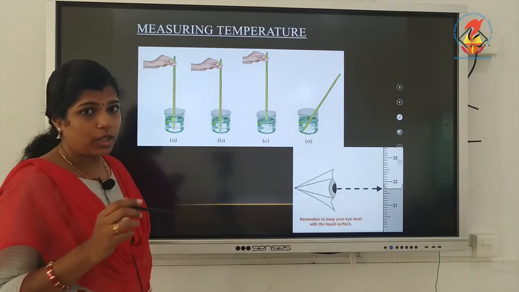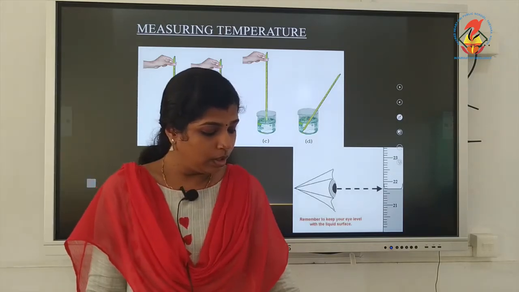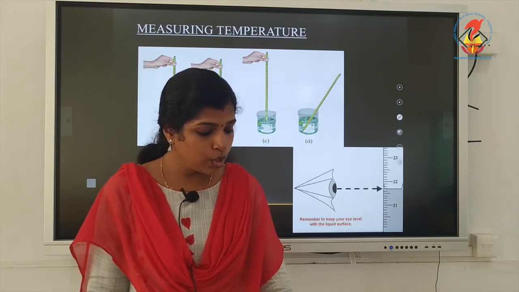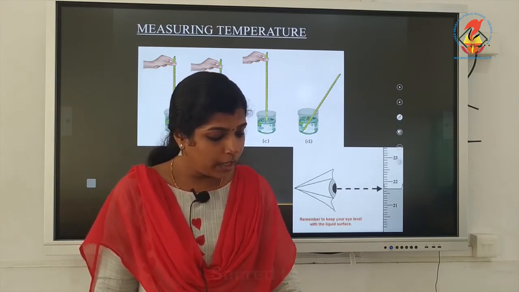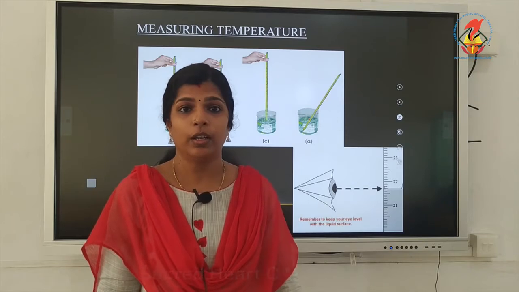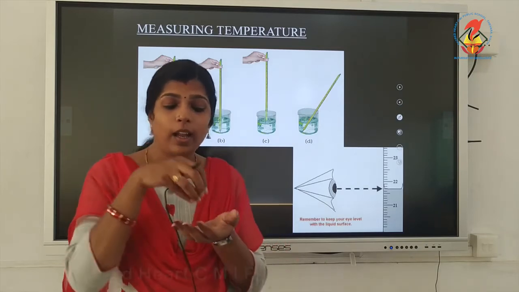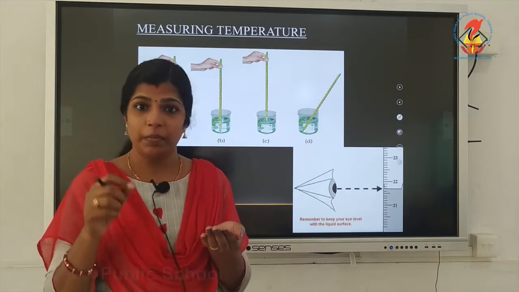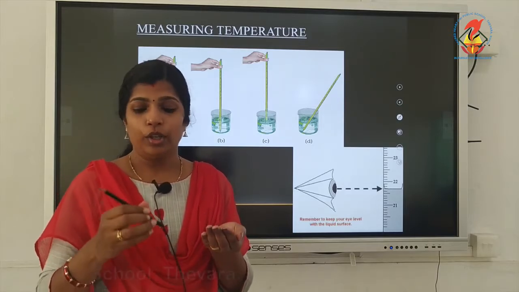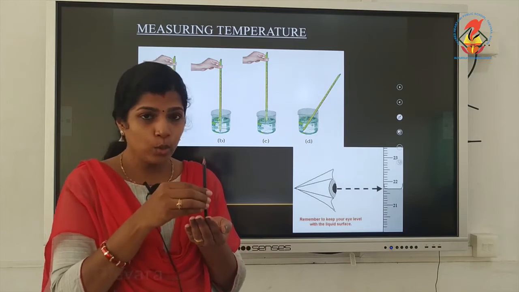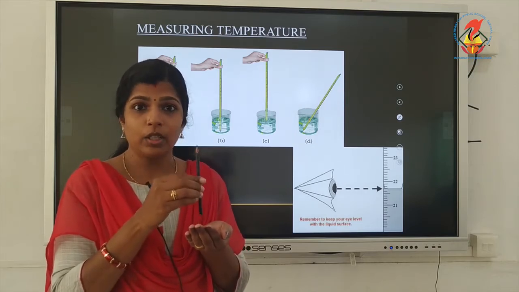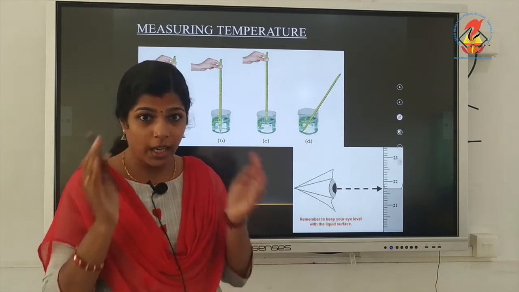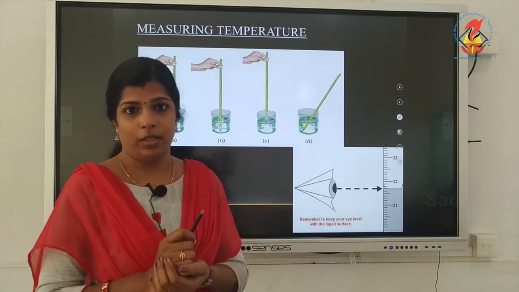Then, one important thing: the bulb of the thermometer should be completely surrounded by the substance whose temperature is being measured, and the bulb should not touch the sides of the container. If you have taken ice or water in a beaker and you want to measure the temperature of the water, you should insert the thermometer into the beaker, and that thermometer should not touch the sides or bottom of the beaker.